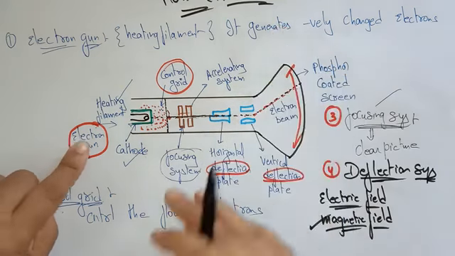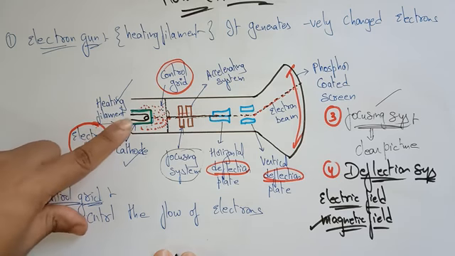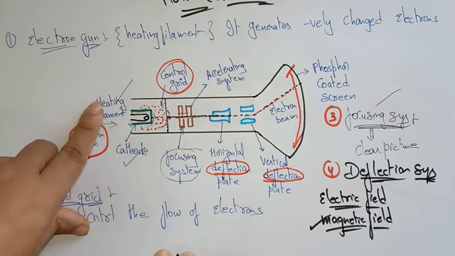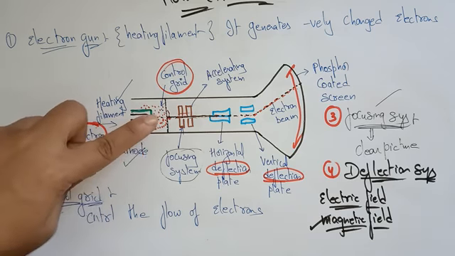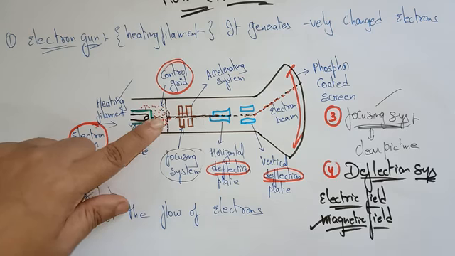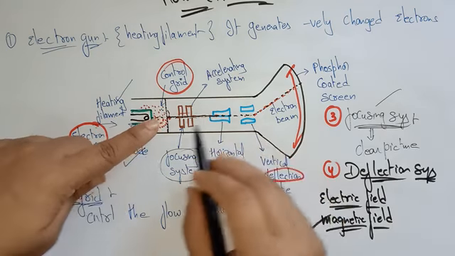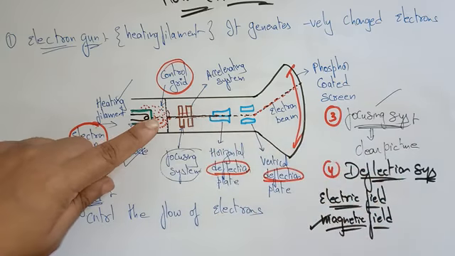So first the electron gun generates the electrons. Whatever electrons are generated are based on the heating filament and the cathode. Then the control grid controls the flow of electrons. How does it control the flow? So that the negatively charged electrons will not move freely in the vacuum tube.